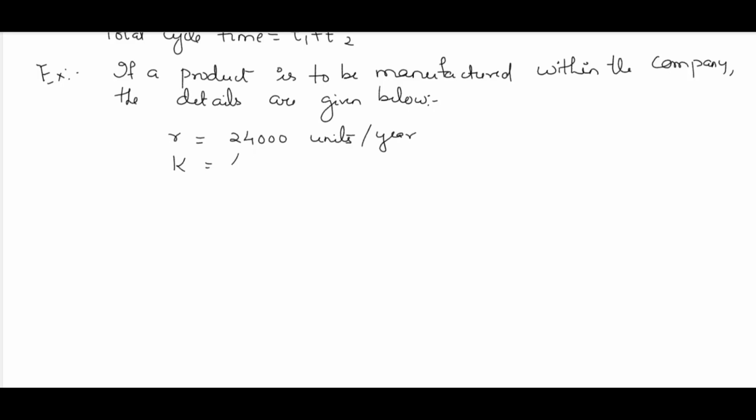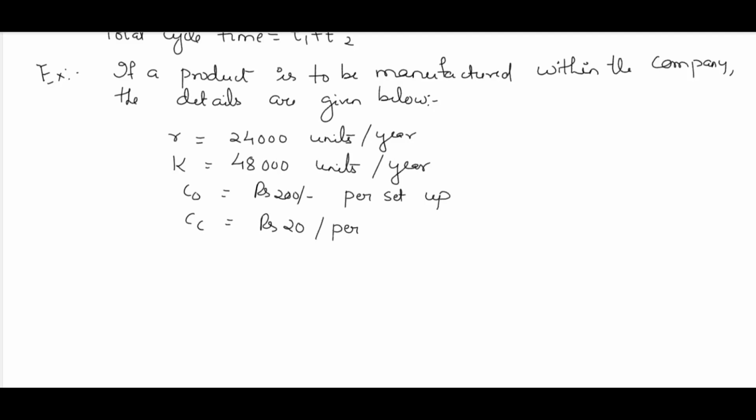K is equal to 48,000 units per year. C0 is rupees 200 per setup and CC is rupees 20 per unit per year.